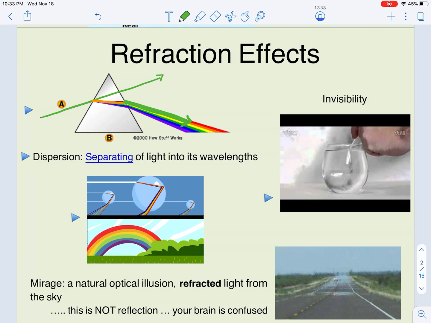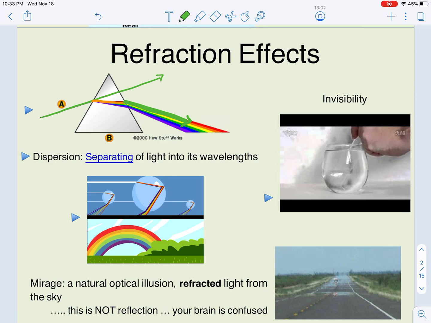So since we have multiple waves within that white light, as kind of a side effect, a secondary effect of the refraction, we get the different colors spread out because they are all affected differently by the refraction. And so we end up seeing the different colors of the rainbow.